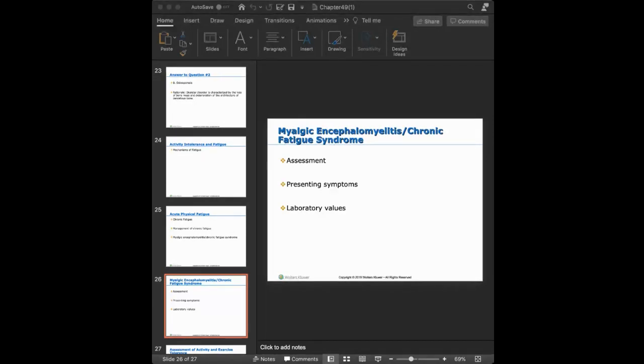But basically, the lab testing is all focused on ruling out other conditions that lead to similar symptoms, like the thyroid issue, like the anemia, like the rickets, or one of those other diseases that can lead to muscle weakness, or like lupus, for example, or Lyme disease. Rheumatoid arthritis can lead to similar types of symptoms as well.